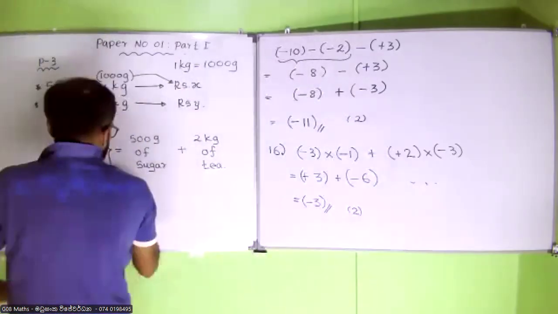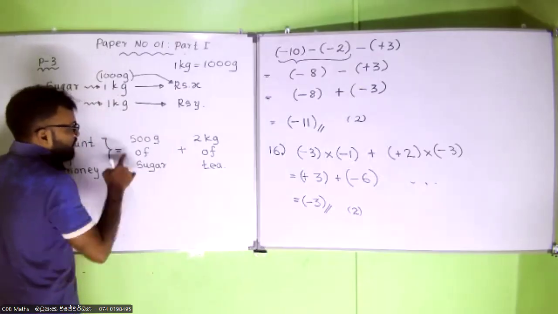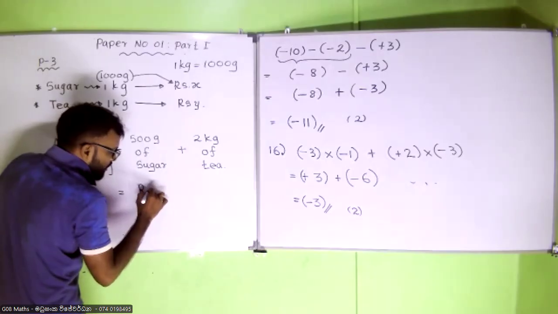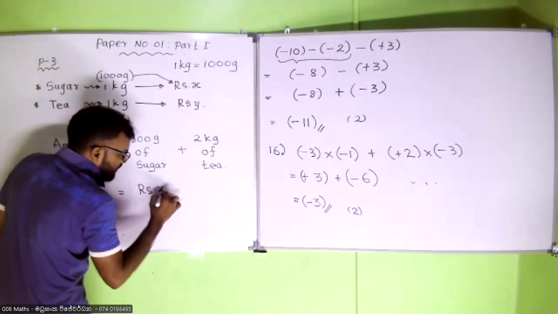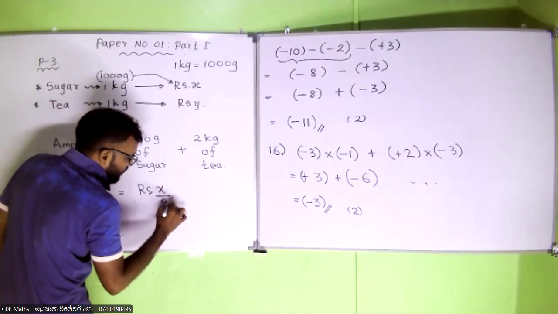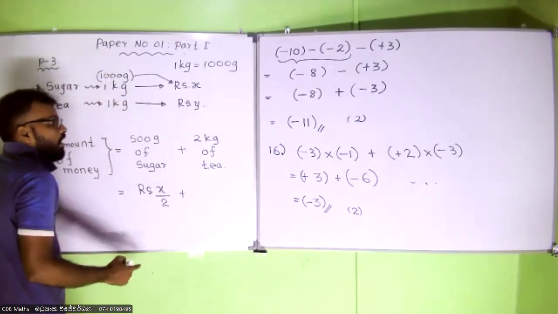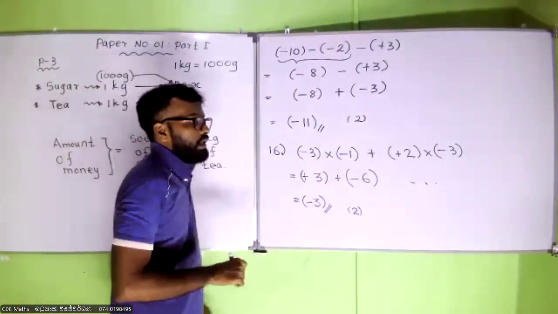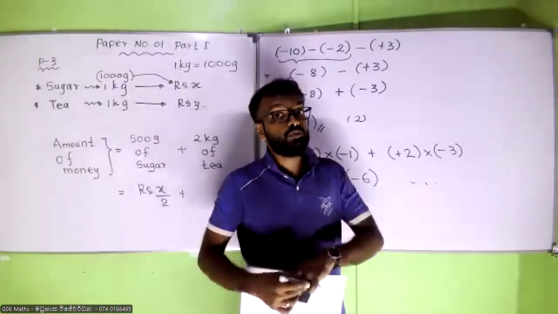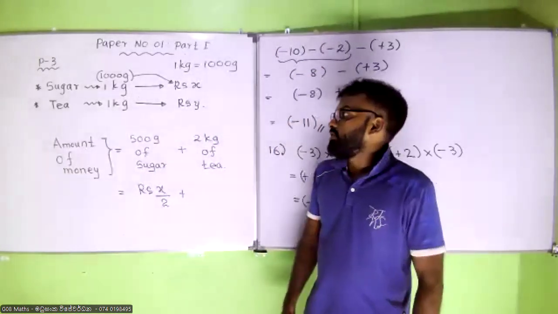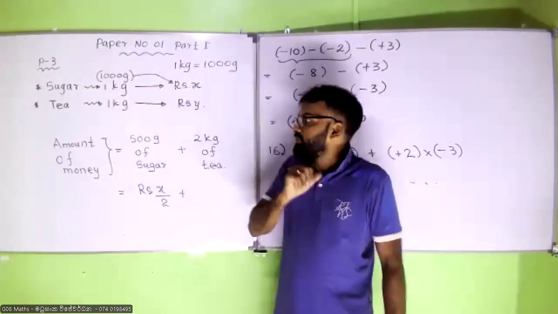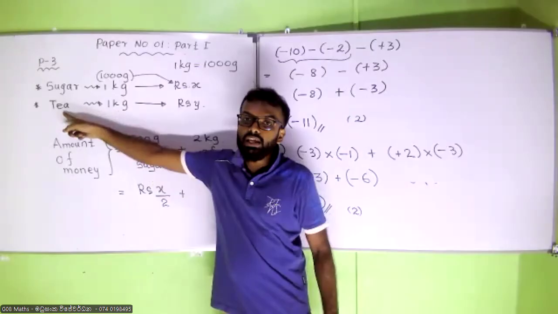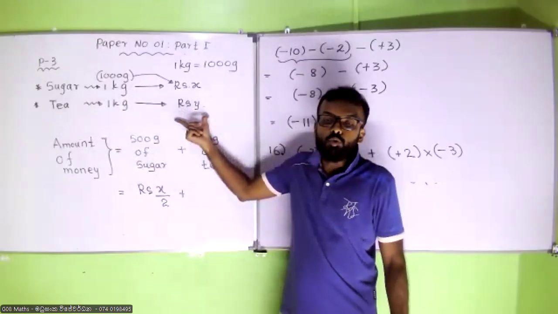So the equal mark, 500 grams of sugar will cost x rupees divided by 2 plus, now I need the price of 2 kilograms of tea. 2 kilograms of tea. Yes, we have to multiply. So now we know 1 kilogram of tea cost y rupees.